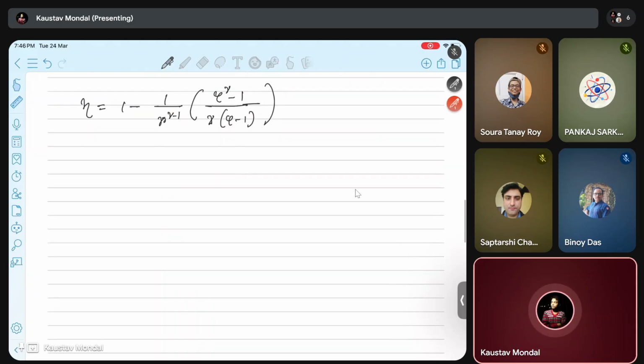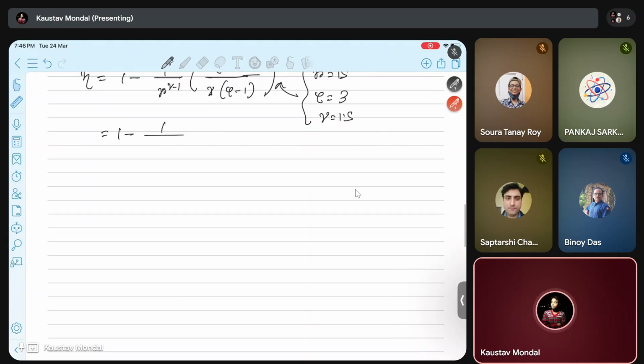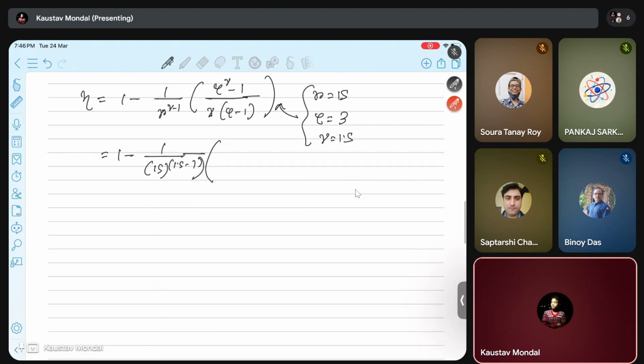So here in the problem, everything is mentioned. R, the compression ratio, is 15, the fuel cutoff ratio rho is 3, and gamma is 1.5. So just substitute all of the values in the formula. It will be 1 minus 1 by 15 to the power 1.5 minus 1, into 3 to the power 1.5 minus 1, by 1.5 into 3 minus 1.